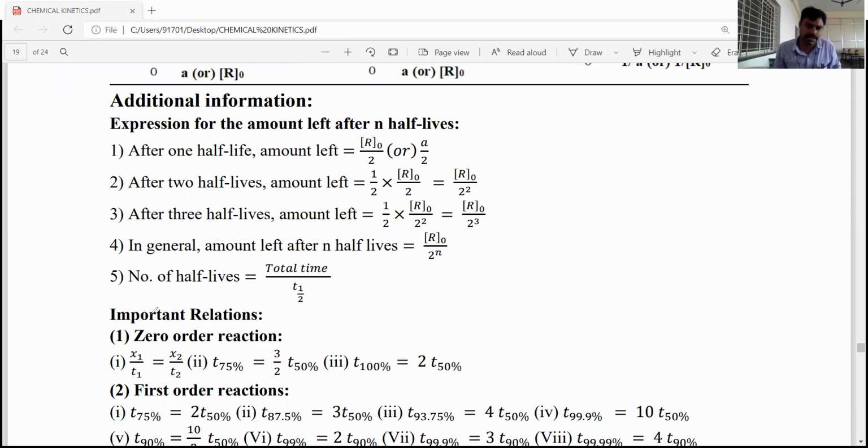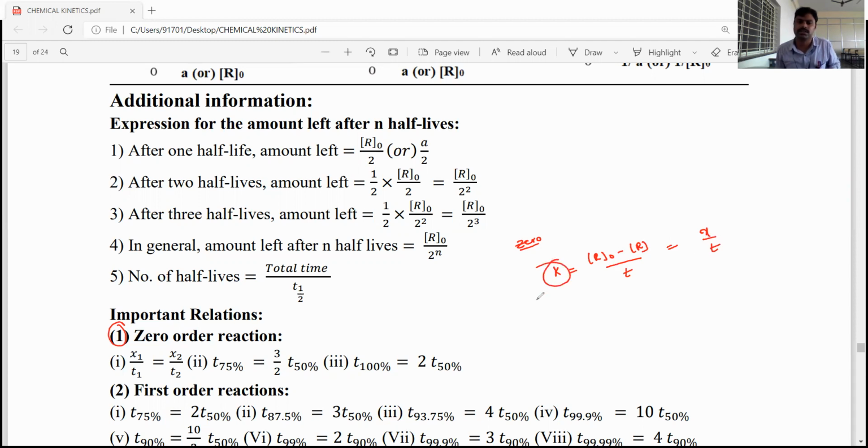For example, for zero order reaction, the main important relations are, we know very well, dear students, for zero order reaction, K is equal to, sorry, not A. For zero order reaction, K is equal to R naught minus R by T, which we can also write as X by T only, dear student.